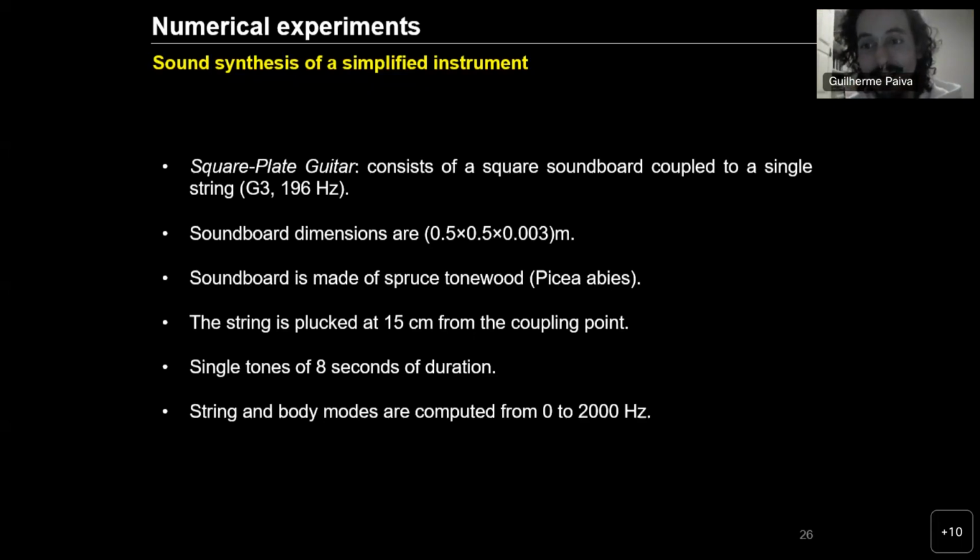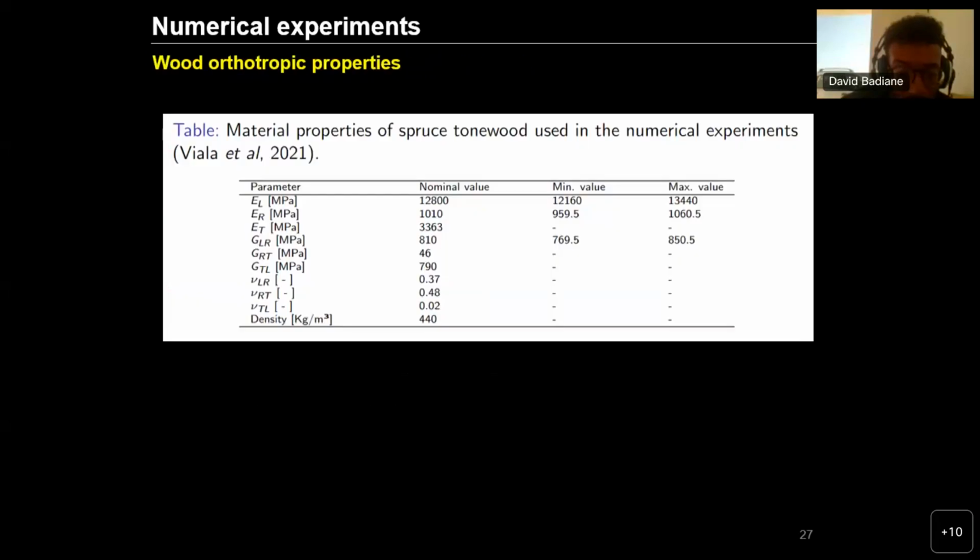We don't hear you, David. You're not muted. Okay, so my question was quite easy. I was seeing that in the table of viola that you showed us, the total variation is 10%.